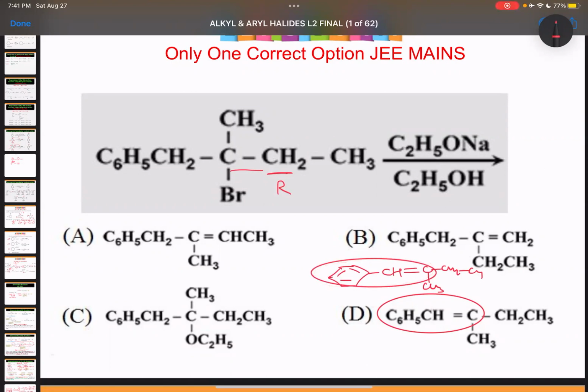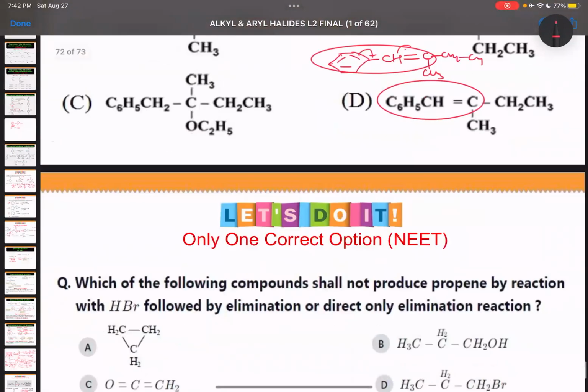This will make the double bond very stable because this double bond will actually mix up with the benzene and it will get stabilized, right? Okay. And tell me this one.